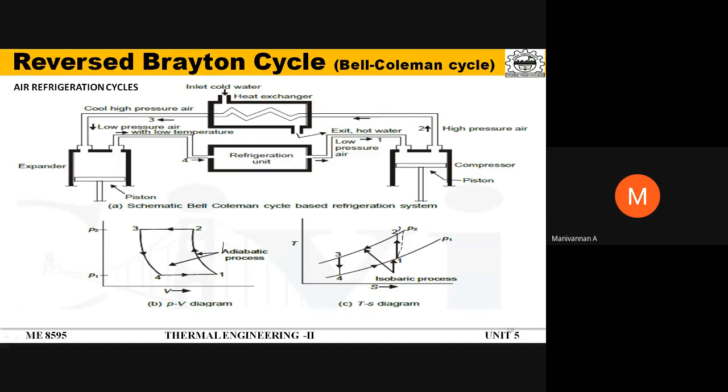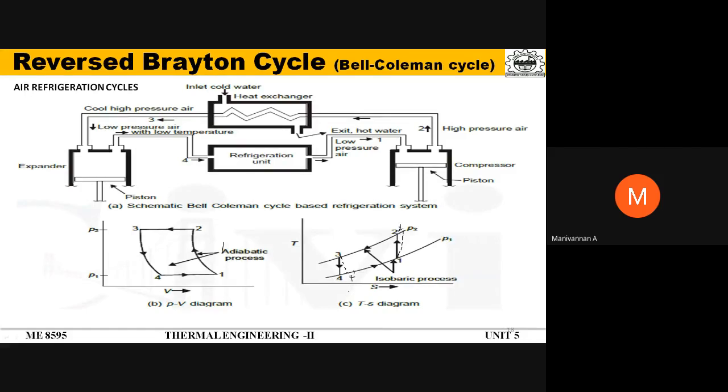This is the actual reversed Brayton cycle. Similarly, 3 to 4 is the ideal process which you are not able to achieve. The entropy will increase because of the principle of increase in entropy. So 3 to 4 dash you are able to. So now the cycle 1 to 2 dash, 3 to 4 dash is the actual reversed Brayton cycle.